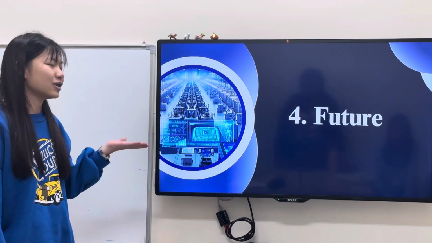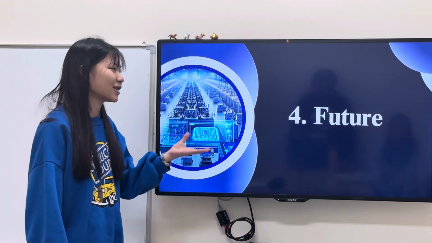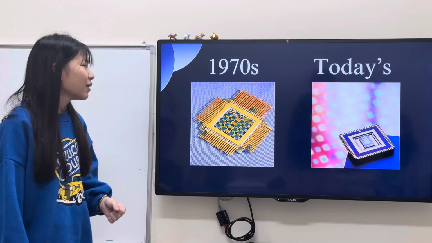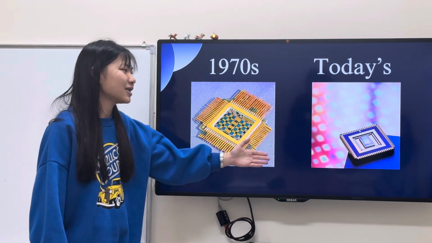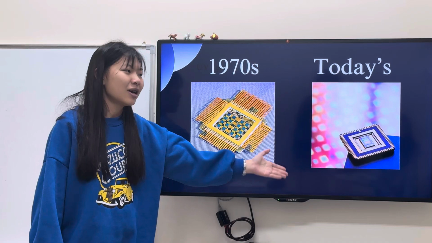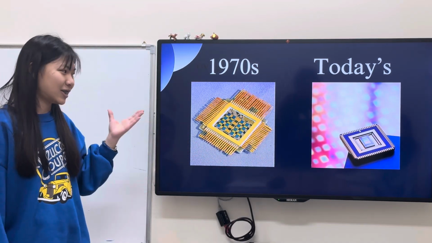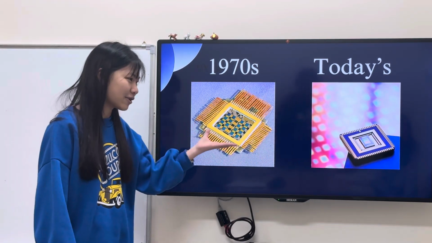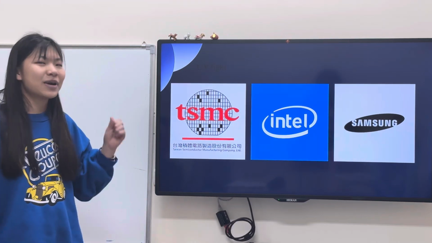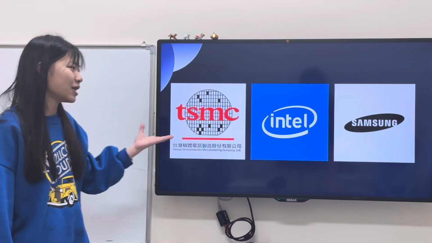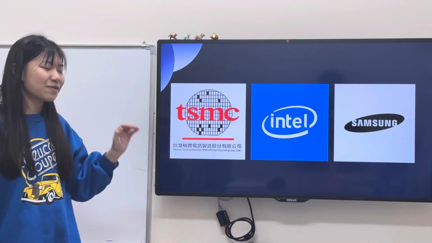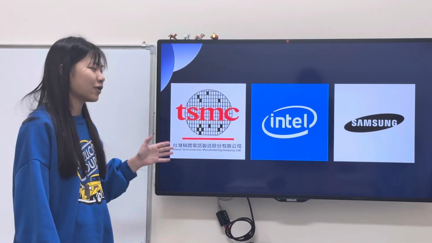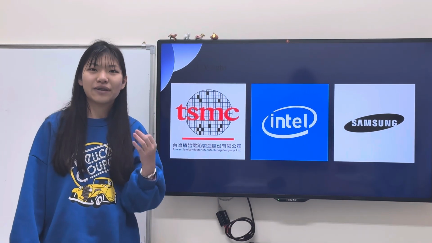Last, I'm going to talk about the future of the semiconductor industry. From 1970s transistors to today's microchips, people have made significant progress. And many companies like TSMC, Intel, and Samsung are investing billions in providing smaller and more efficient chips.